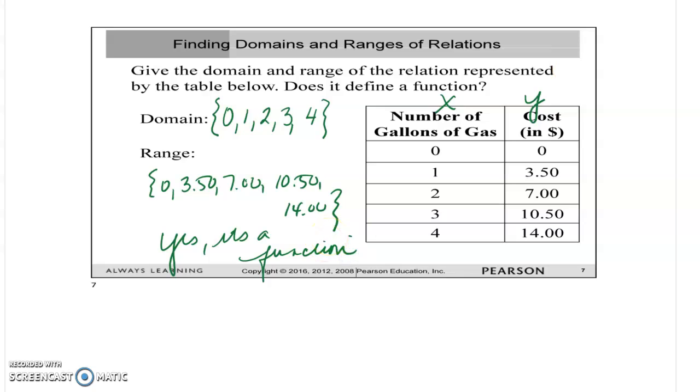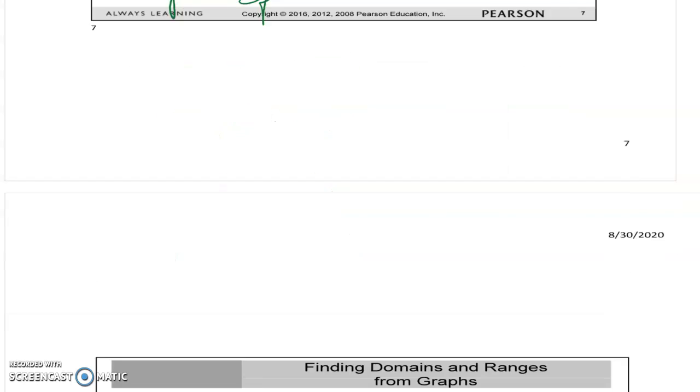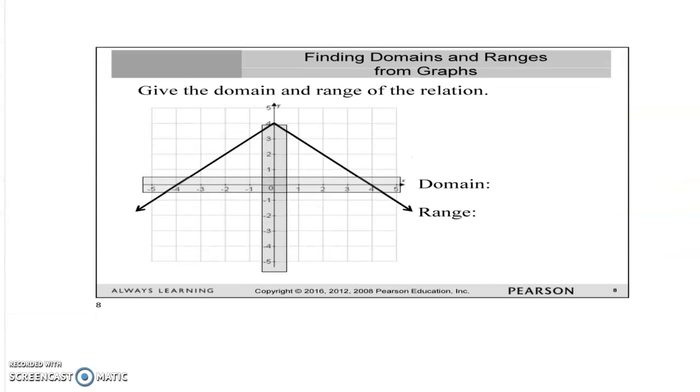All right, let's look at the next slide. All right, so now let's look at a graph. Is it a function? Well, let's not talk about a function. Let's do the domain and range first, and we'll talk about that in a minute. Okay, so let's look at the domain. What can the x values be when I look at the whole graph? This is just a little section of the graph, so it goes on forever and ever.